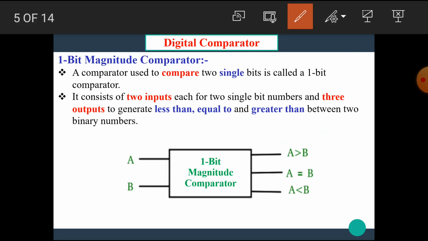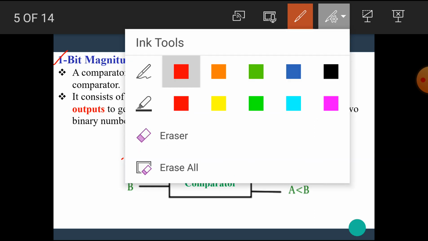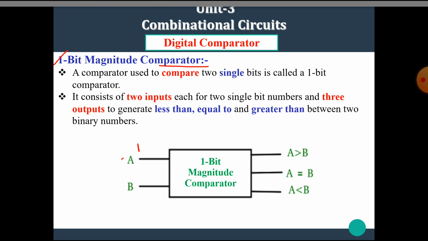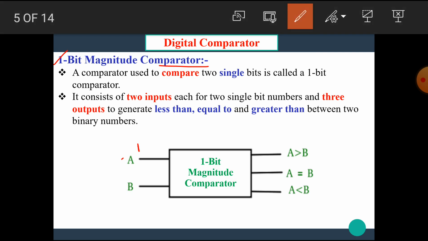Now let's see the first one, the 1 bit magnitude comparator. The 1 bit magnitude comparator compares the two numbers A and B, each made up of only 1 bit. A comparator used to compare two single bits is called a 1 bit comparator.